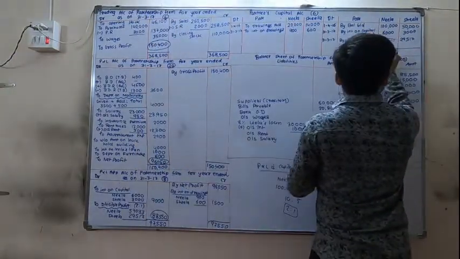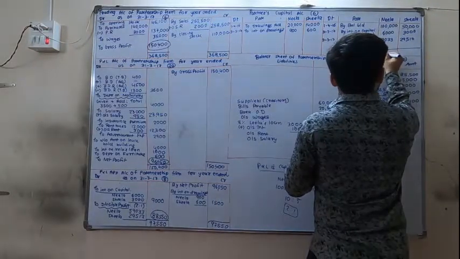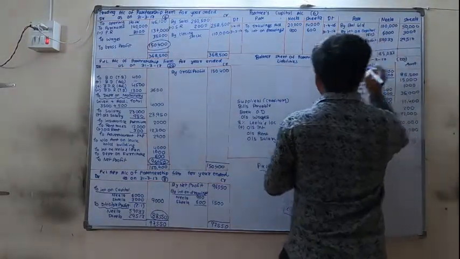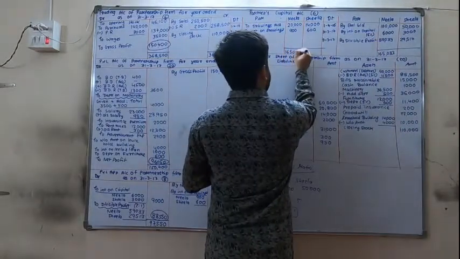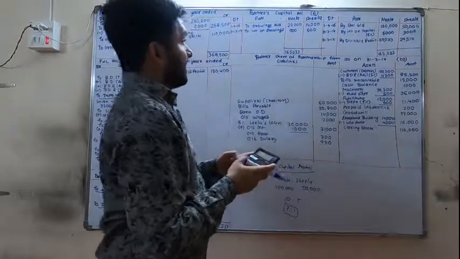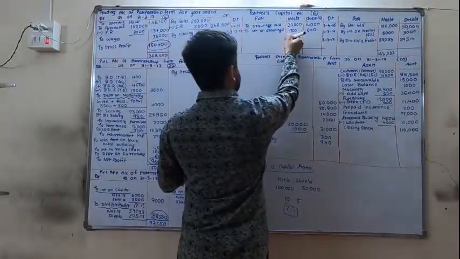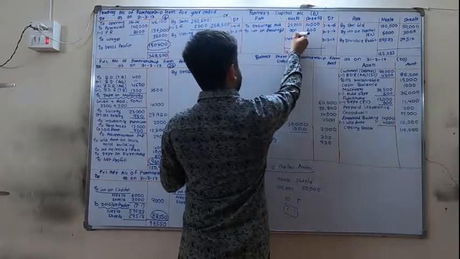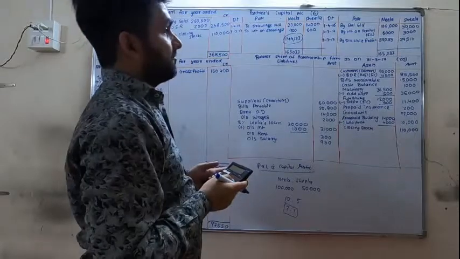So it is 1,65,033. 1,65,033 minus 20,000 and minus 900 is 1,44,133. 1,44,133.